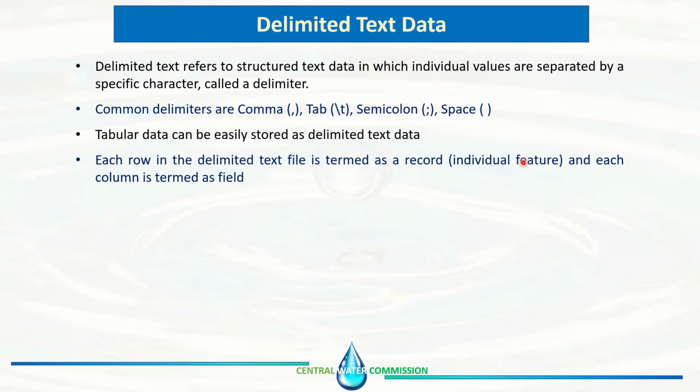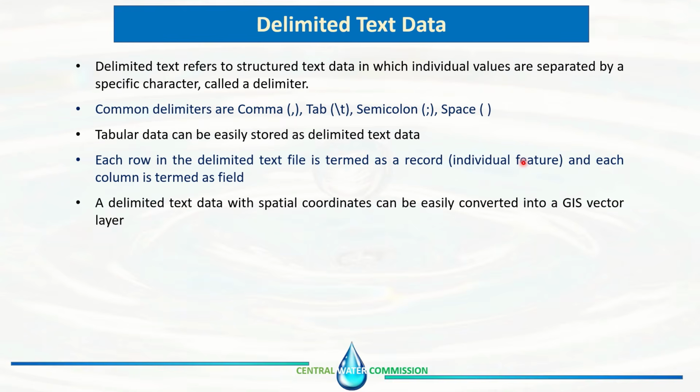Similarly, if it is line vector data, individual rows are individual line features, etc. Each feature will have a geometry and attributes, or otherwise you can term it as spatial data as well as non-spatial data. So any delimited text data having spatial coordinates can be easily converted into a vector layer. We will see how we can do that.